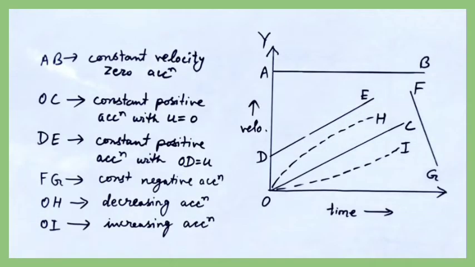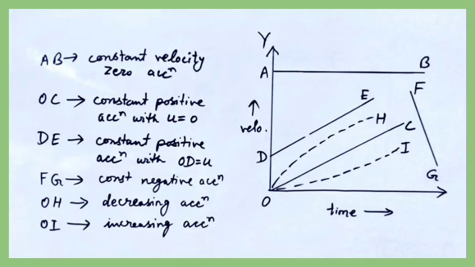For understanding different situations of motion through graph, look at the velocity time graph in which various curves are plotted. The curve AB represents constant velocity and hence zero acceleration. OC represents constant positive acceleration with zero initial velocity. And DE also represents constant positive acceleration but with some initial velocity OD equal to u.